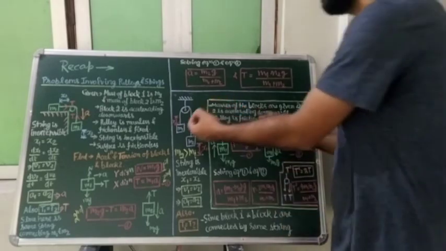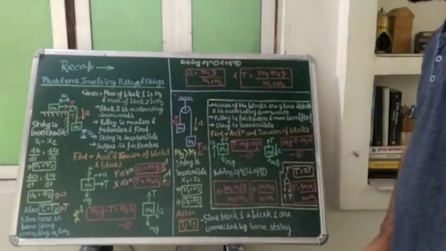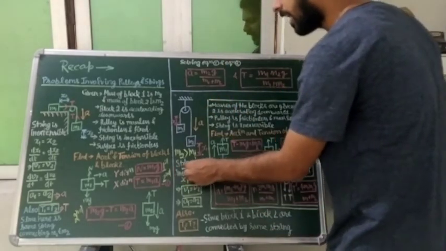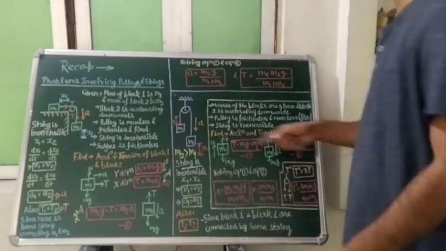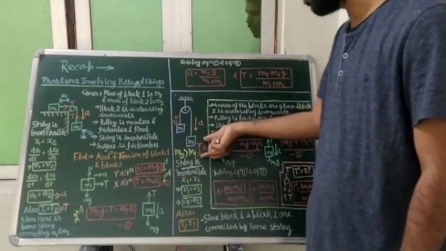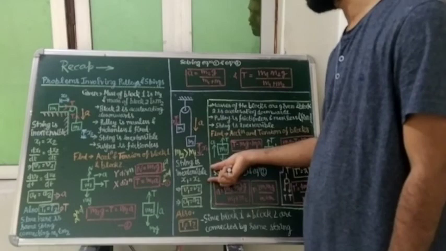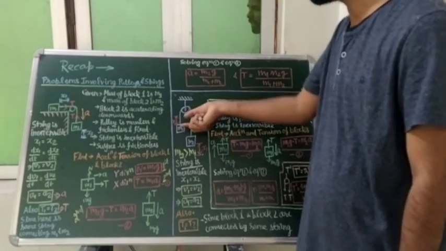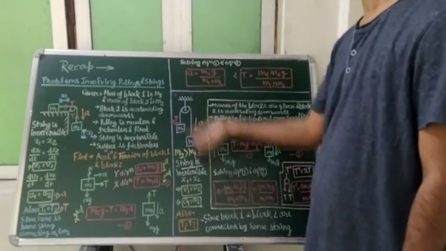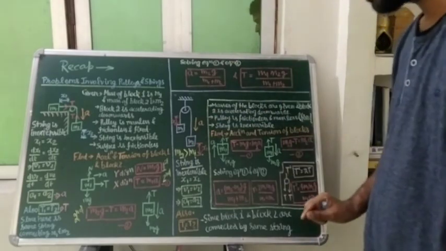And the string is inextensible. Since the string is inextensible, whatever distance block 2 travels in the downward direction, the same distance m1 will travel in the upward direction, isn't it, student?